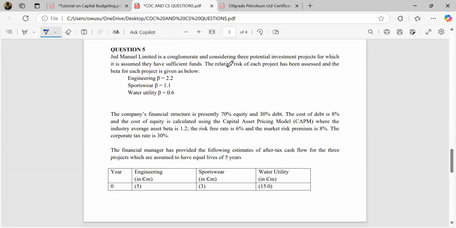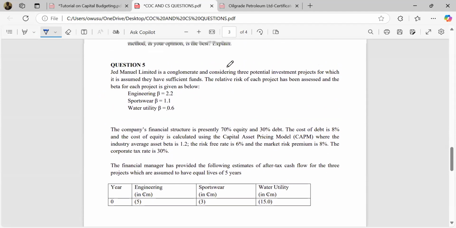Okay, so if you look at question 5 here, do you remember this question? Yes, sir. I solved this question with you in the main class.